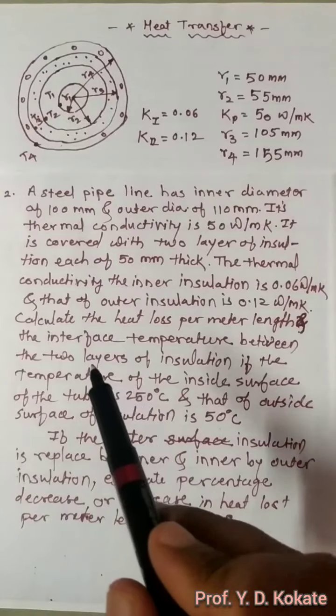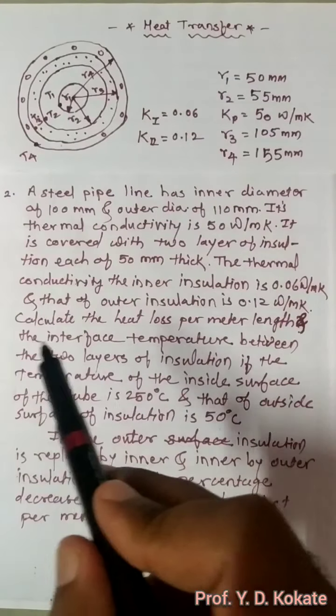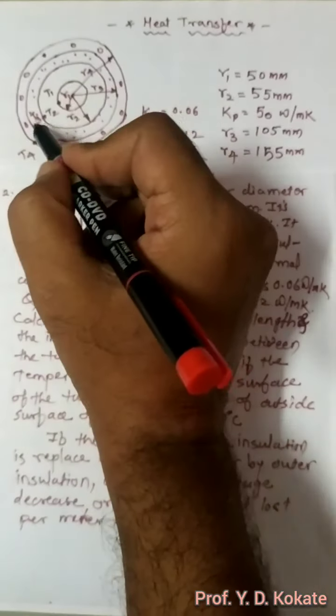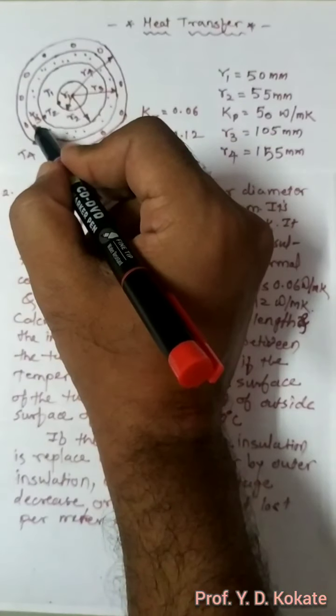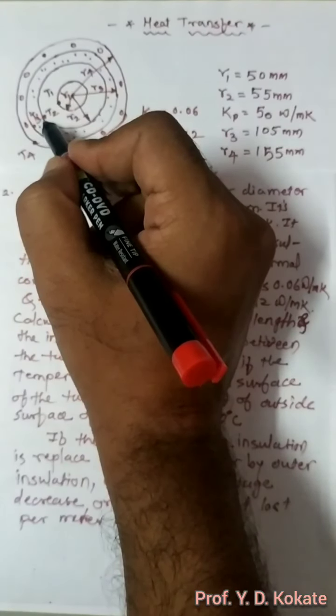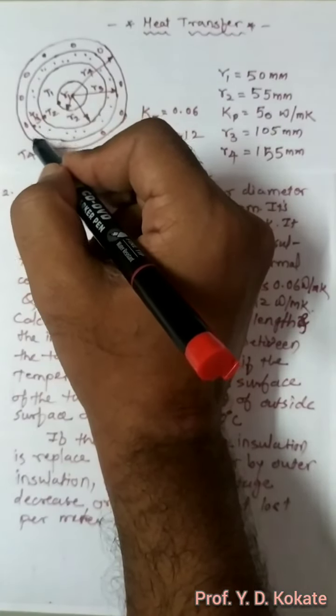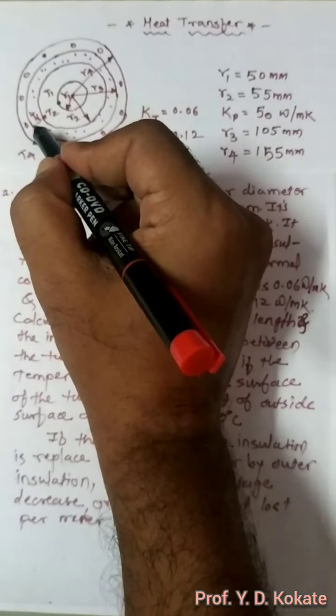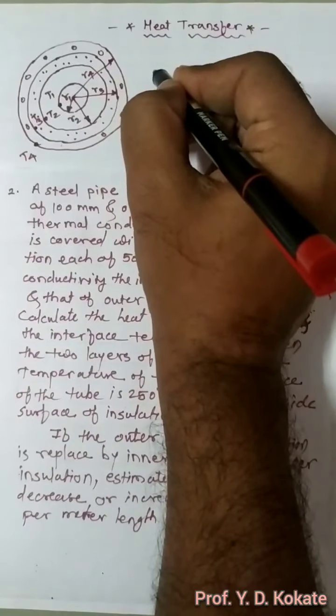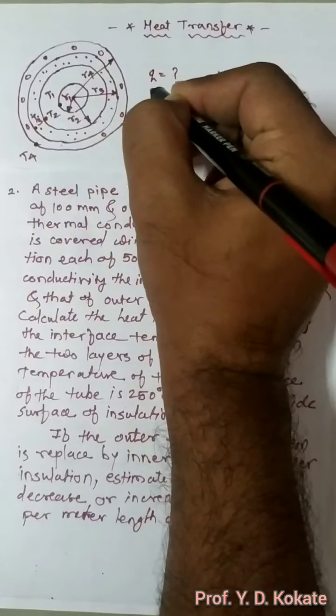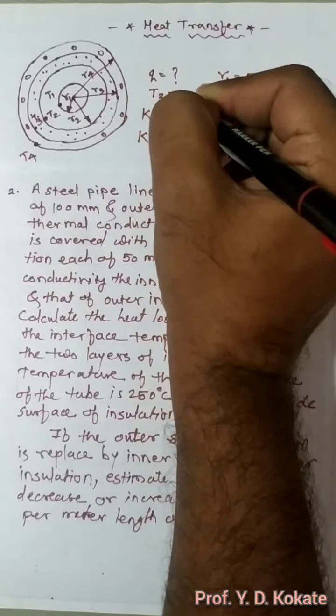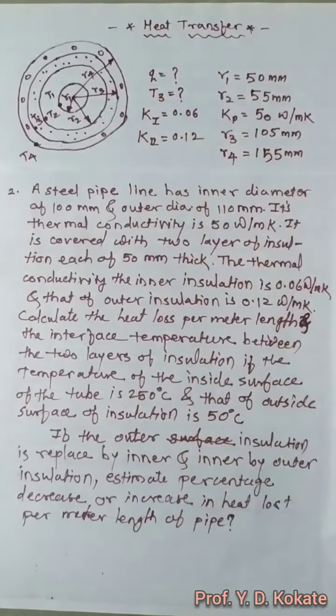Now they ask to calculate the heat loss from this pipe and also the temperature at the interface. So what is the interface? This is the first insulation and this is the second. What is in between them? T3. So they want you to find Q and T3. Is that clear?